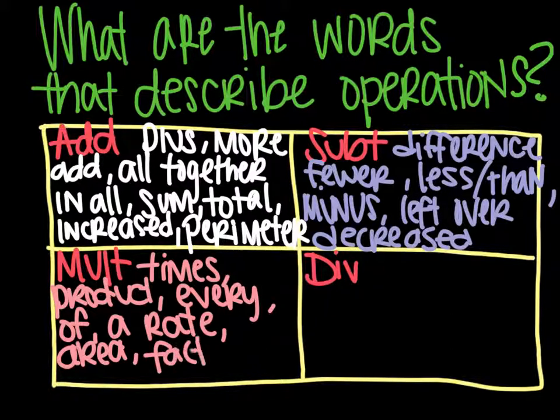Factor of would be multiplying. And things like twice or doubled or tripled, that would all be multiplying as well.